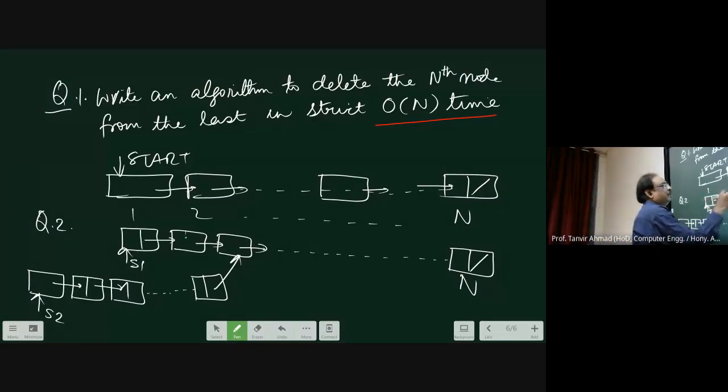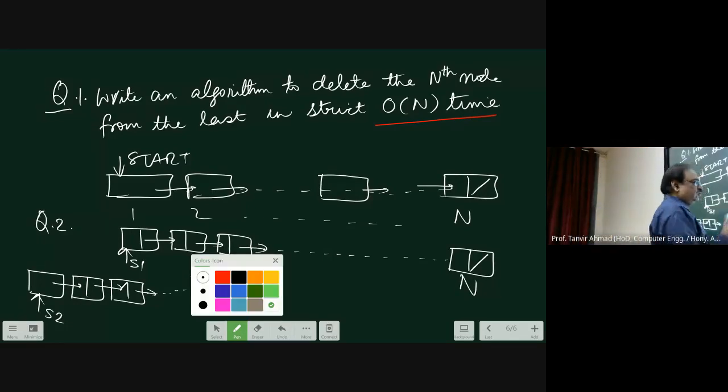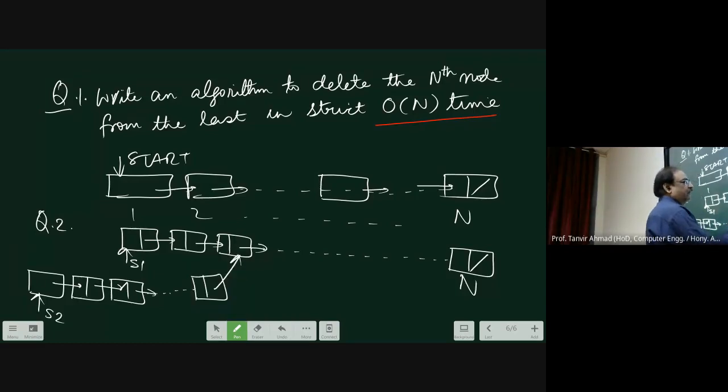The question is, there is a linked list S1 which might contain n number of nodes. The other linked list S2, after traversing a few nodes, meets at a common node, and from there it moves to the last. Now your aim is to find the address of that common node where both the linked lists meet. That means my aim is to find the address of this node.